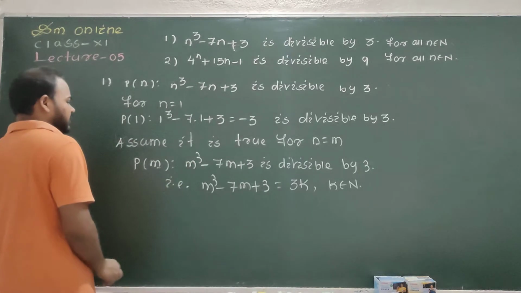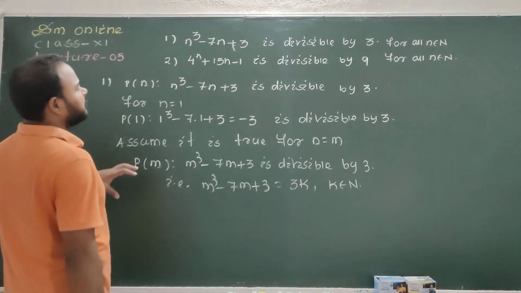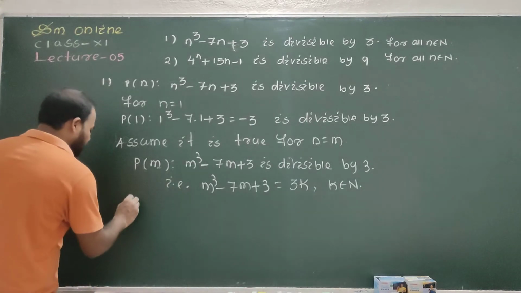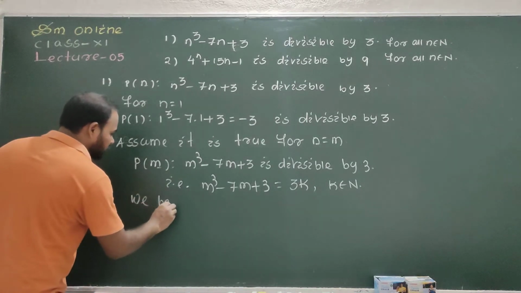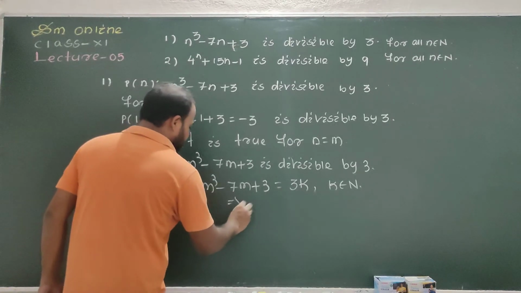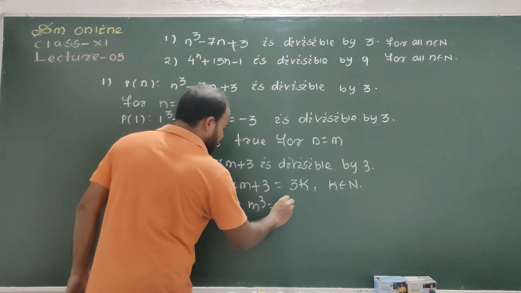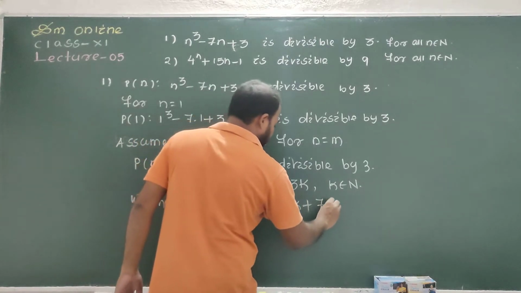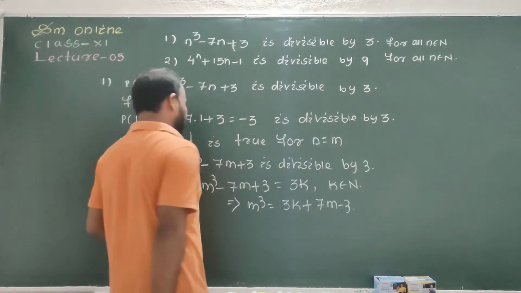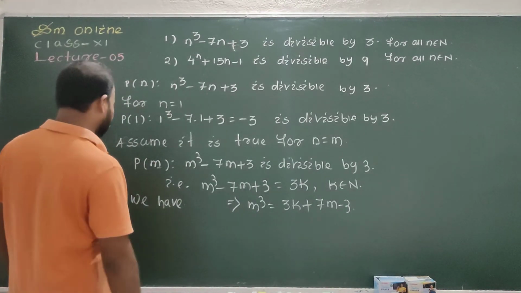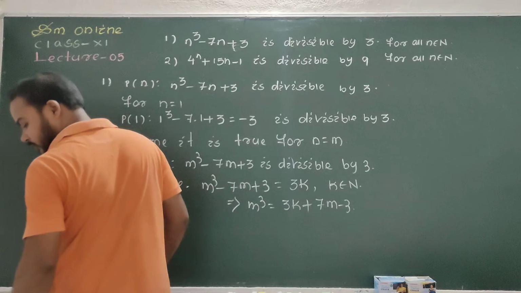Now we have to prove it is true for n equal to m plus 1. From the equation we get m cubed equal to 3k plus 7m minus 3.